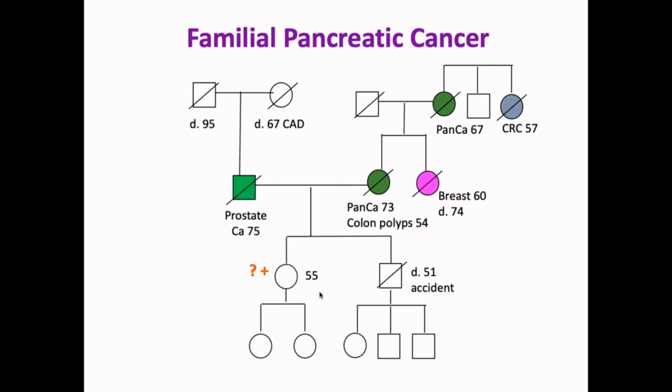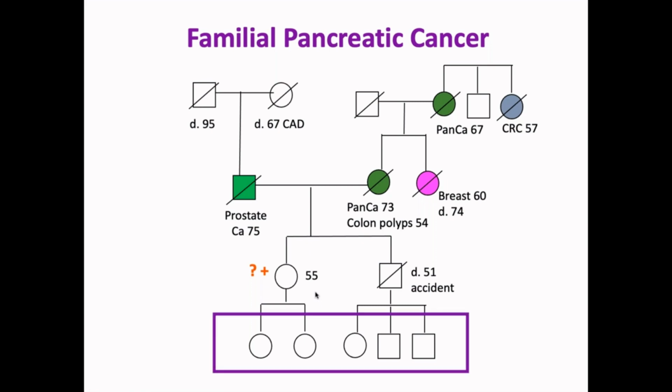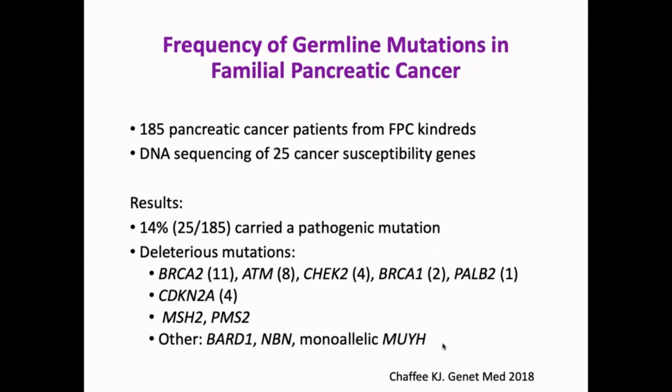The importance of that, if we were to find someone who is positive, are the implications for additional cancer screening and preventive strategies for this newly identified individual with a pathogenic variant, but also for cascade testing for individuals who too would be at risk of carrying this familial variant.